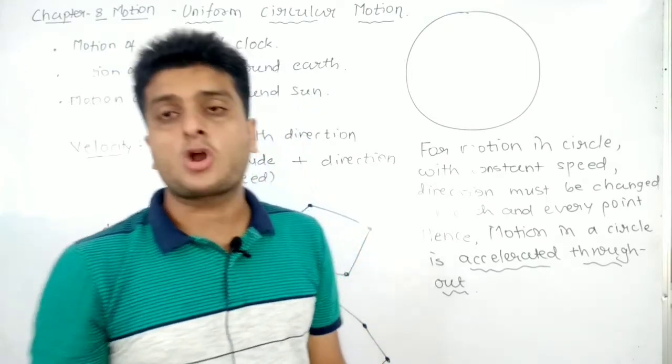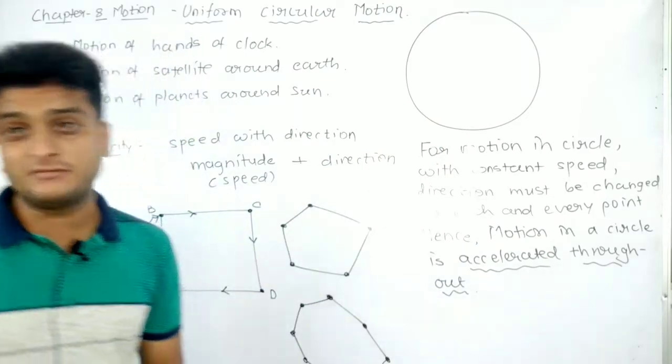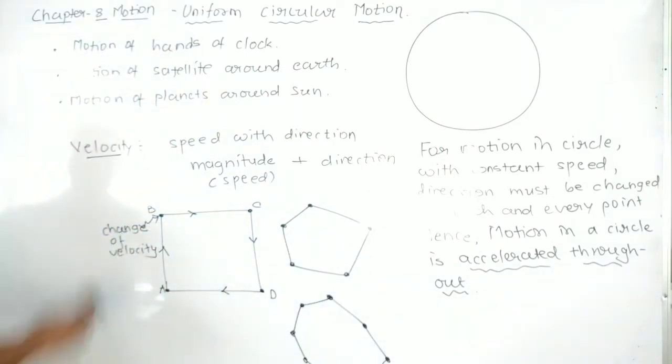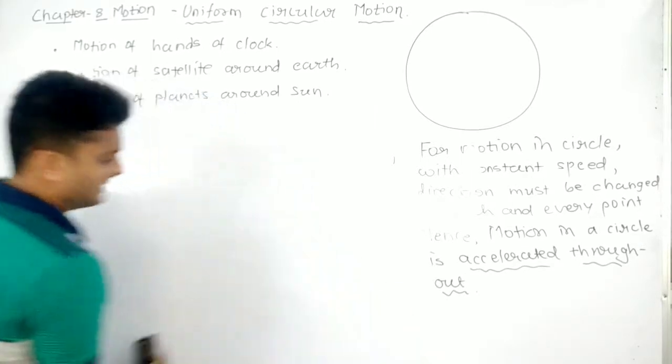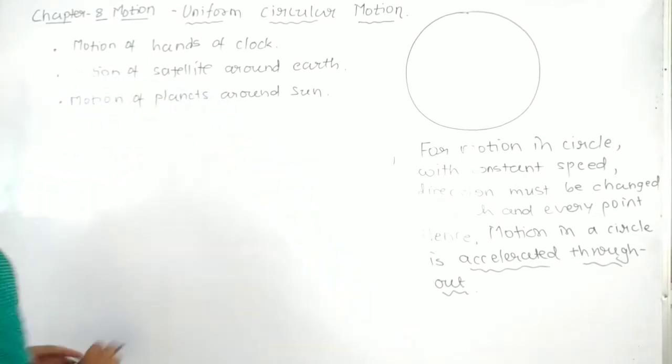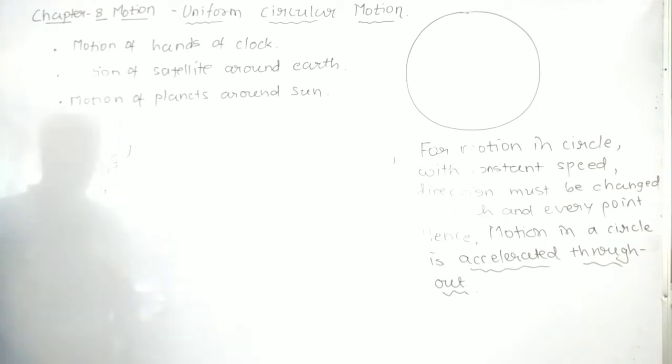Right. Now let's talk about what is the direction of velocity. In what direction the velocity is existing. Let us see. Okay, so let's take a very simple experiment. What we will do? We will take a thread. Suppose this is you. Suppose, right?